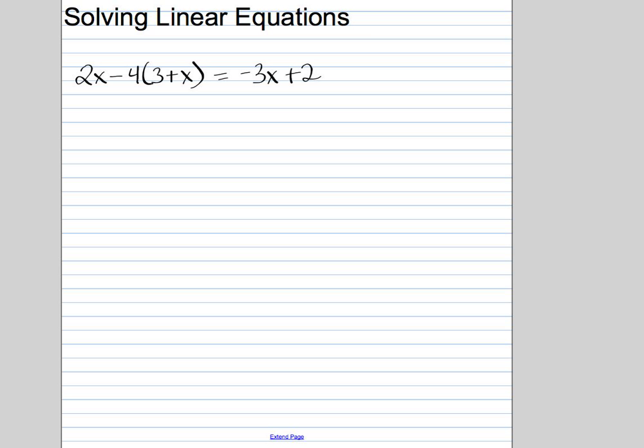There's no perfect way to solve every equation, but these are just reminders. The first thing you need to remember is what do we do first with this particular equation? Well, the first thing that we're going to do is parentheses, because I need to take care of that to simplify it out.